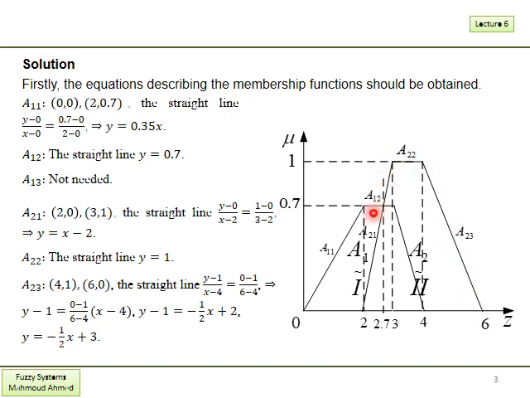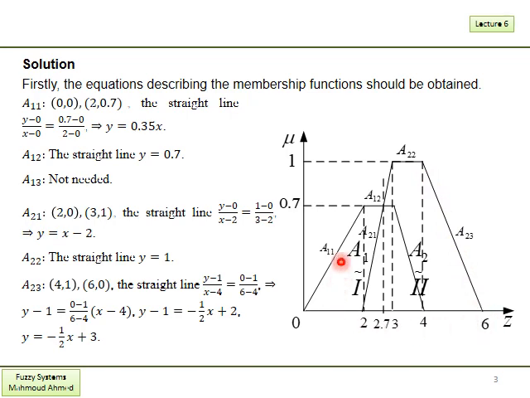The first step is to write down the equations which are shown here as straight lines. So we have here a11 for this straight line, a12 for this straight line, and a21 for this straight line, and a22 for this straight line, and a23 for this straight line.